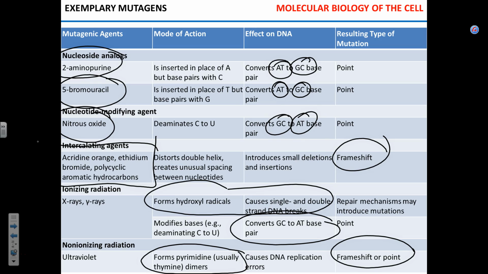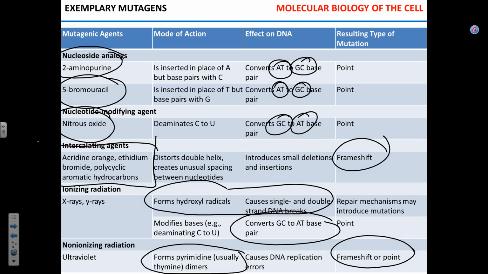Now, here's the take-home message. You have to be able to explain what's going on during the ionizing radiation-induced mutations, what type of mutations UV light causes, and what intercalating agents do. But I will not ask you the structure. Be able to describe what's going on, like GC to AT mutation.